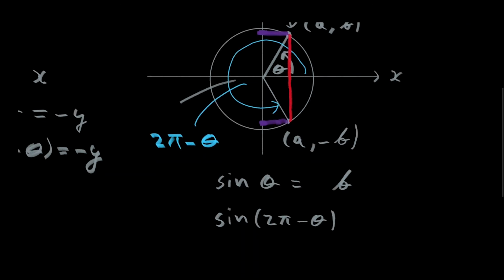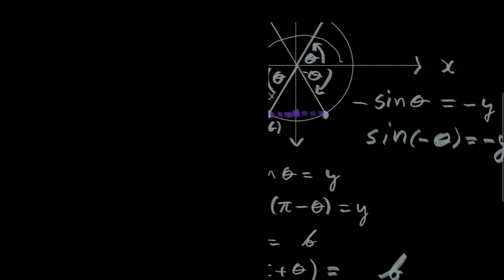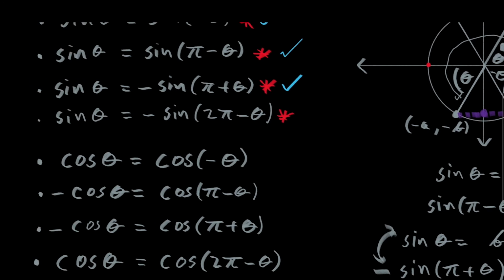And we know that that's going to equal negative b. But if we multiply both sides by -1, we're just going to get positive b on the right-hand side. So both of these are equal to b, so they must be equal to each other. And that is just what this identity says. So you can tick that one off.